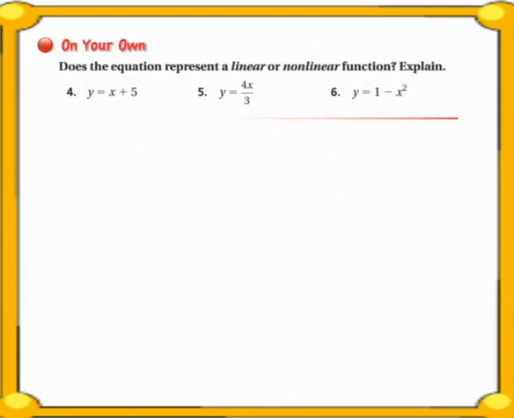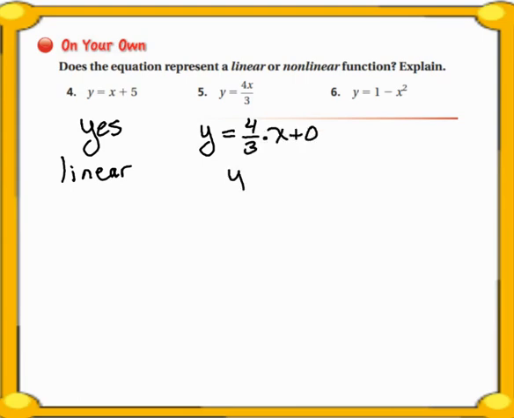Here's 3 for you to try. Push pause and then come back and check your answers. So number 4 is in the form of y equals mx plus b, so it is linear. Number 5, when we write this out, we could do 4/3 times x plus 0.